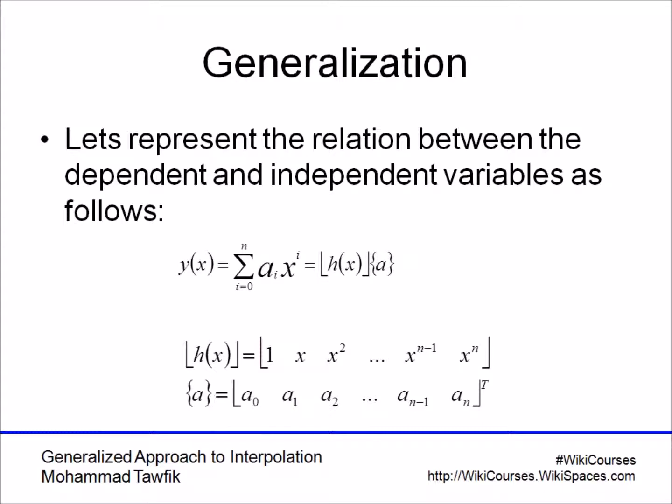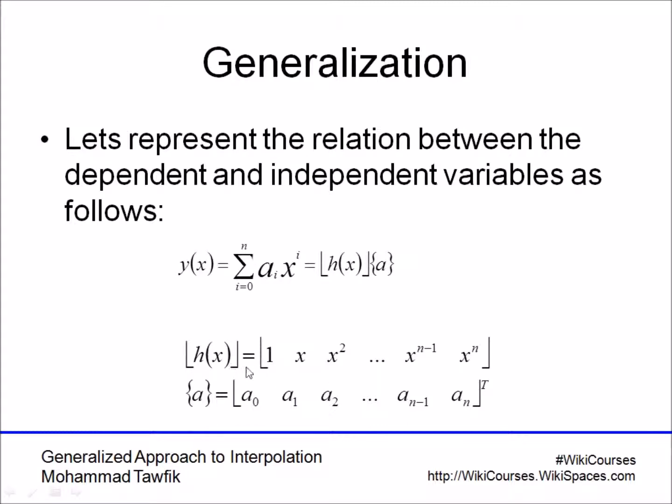So we may now write the polynomial as a summation expression, which again can be rewritten in vector form, where h of x is a row vector and a is the coefficients vector, a column vector. Each of them can be represented as shown here.